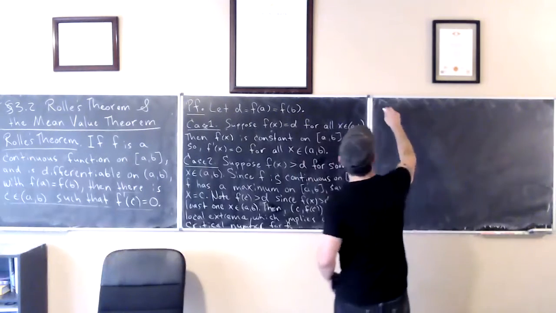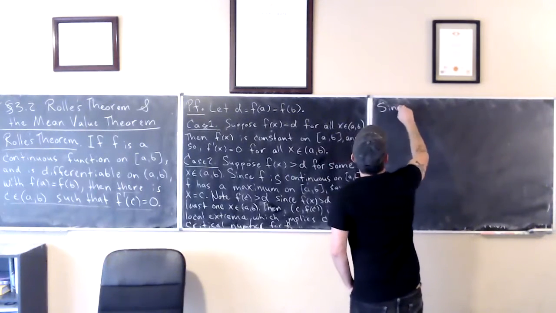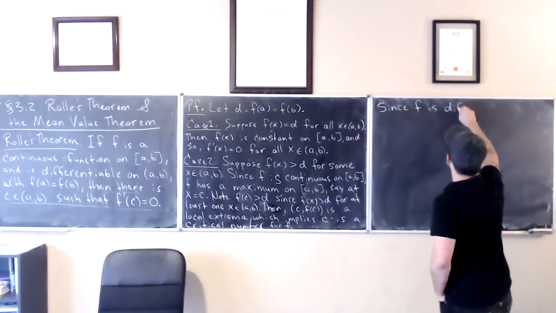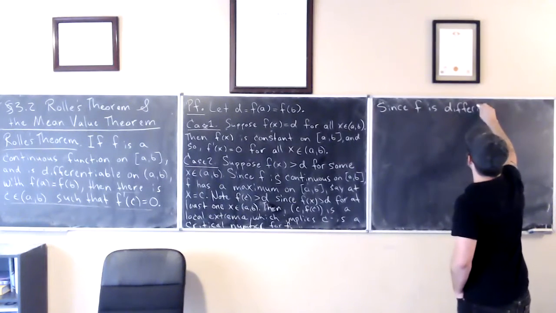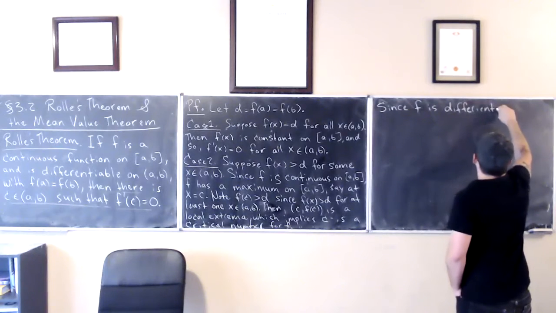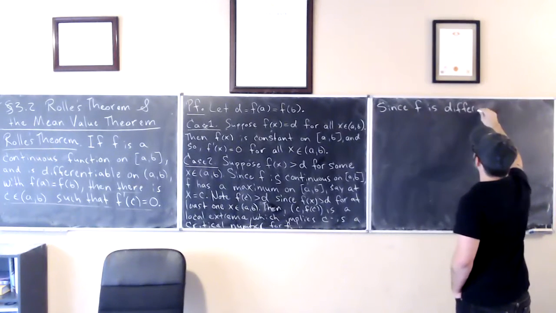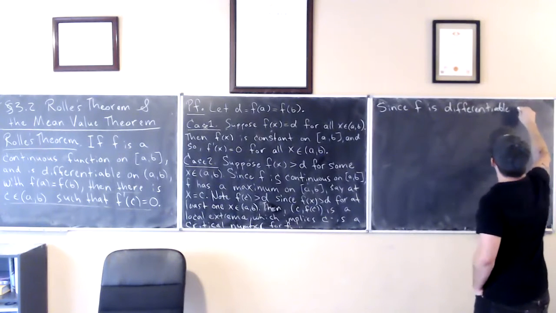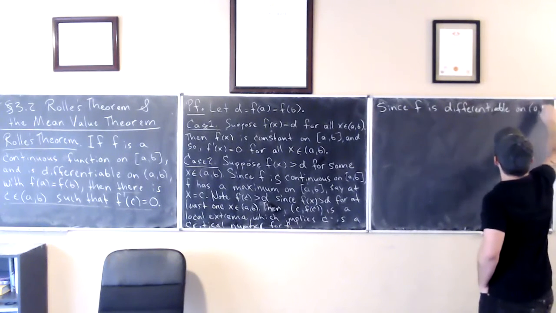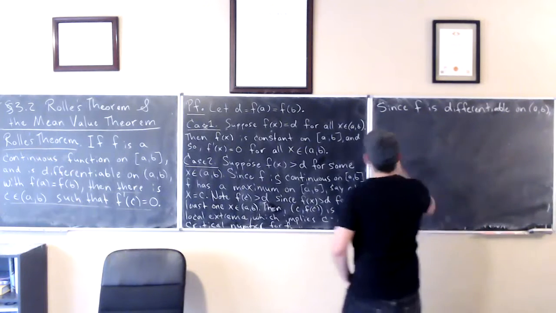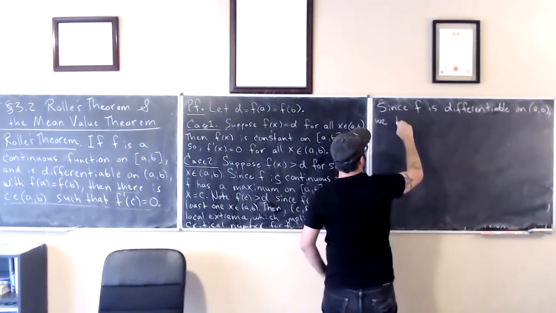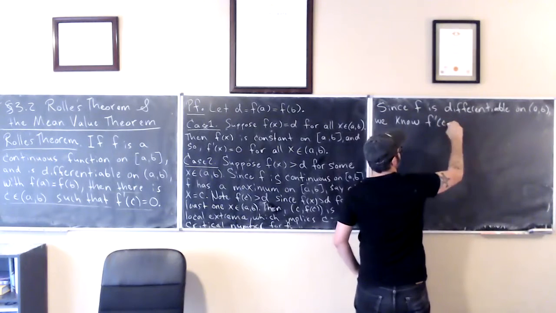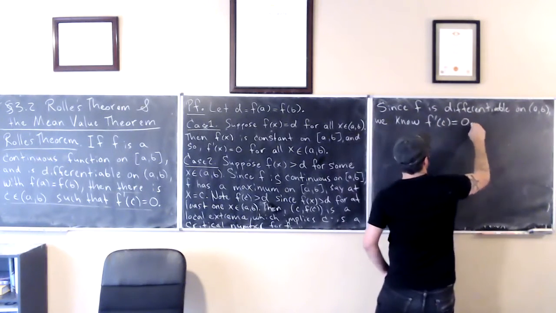So we can say that since f is differentiable on AB, we know that f prime at c exists and is equal to 0.